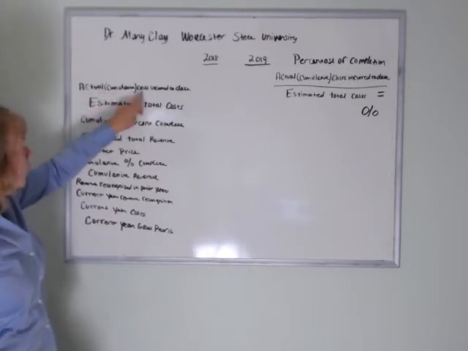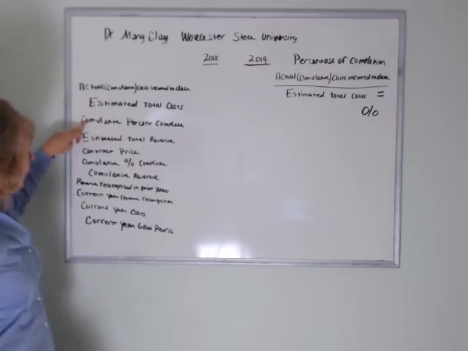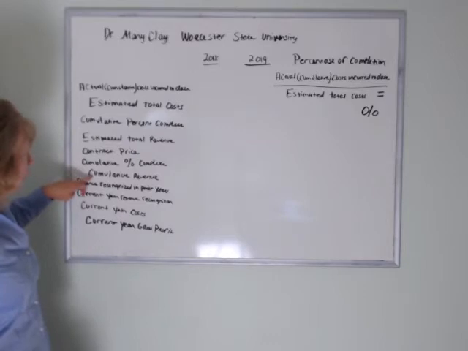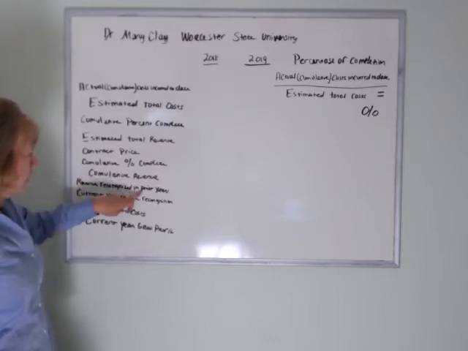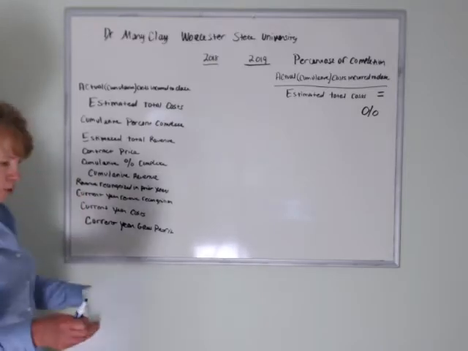Here's what you have first: actual cumulative costs incurred to date, estimated total cost, cumulative percent complete, estimated total revenue. You've got the contract price, cumulative percent complete. You have cumulative revenue, revenue recognized in prior years. You're going to see the second year will subtract that number. Current year revenue recognition, current year cost, current year gross profit.